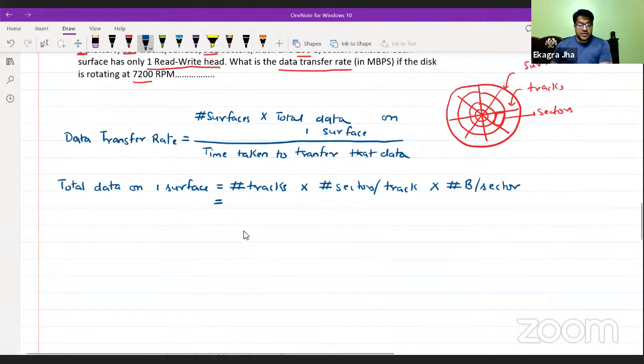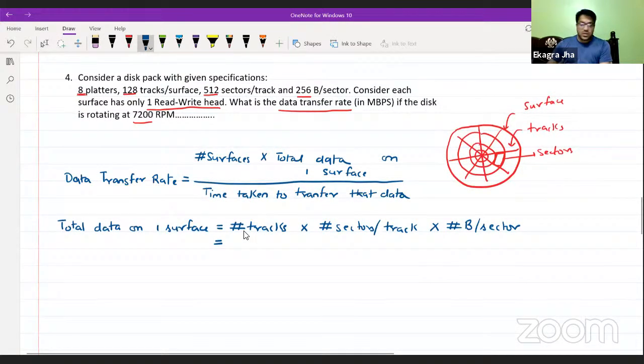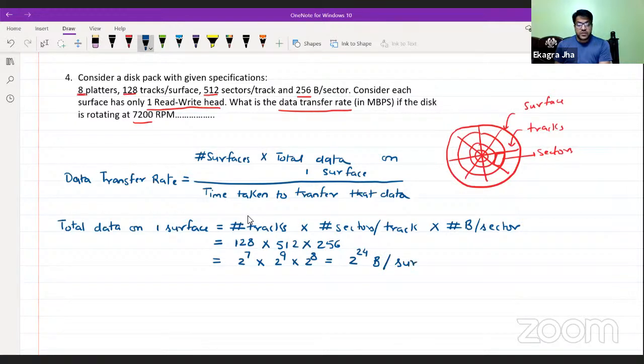This is already given in our question. Number of tracks we have 128, multiplied by number of sectors per track 512, and the sector size is 256 bytes. Let's convert them into powers of 2. So this will be 2 to the power 7 into 2 to the power 9 into 2 to the power 8. So 7 plus 9 is 16, plus 8 is 24. So 2 to the power 24 bytes we are having per surface.